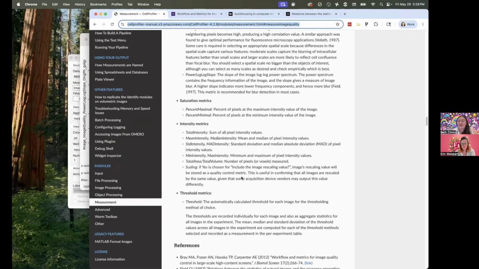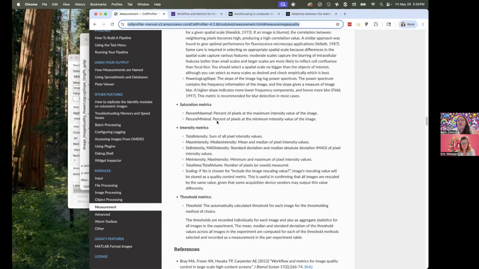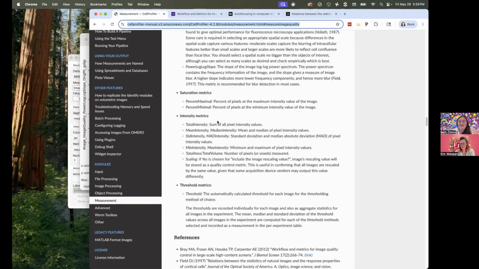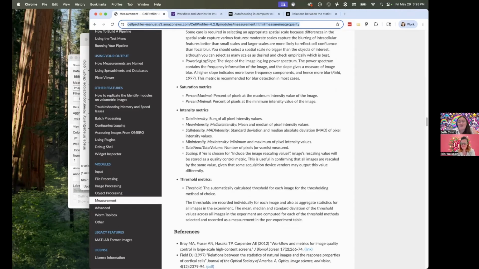I'm going to start with some of the easier ones, which are not the blur ones in the original question, but it's important to mention them. The intensity metrics can tell you how much intensity is going on. Generally that's not going to be a problem, but these are great metrics for seeing if some of your images are really different from the others.